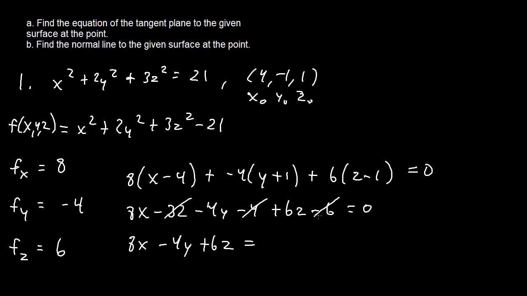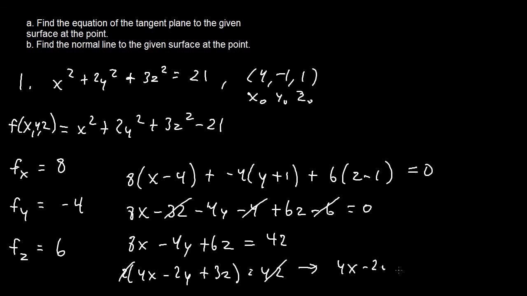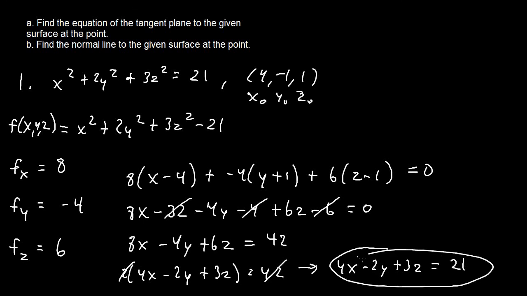If I go ahead and add that to the other side, we'll get a positive 42. And so now to simplify with one more step here, I can go ahead and factor out a 2 from the equation, so we'll get 4x minus 2y plus 3z equals 21. And so that's the equation of the tangent plane.